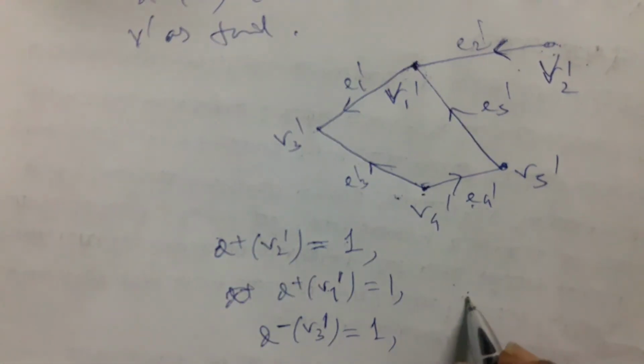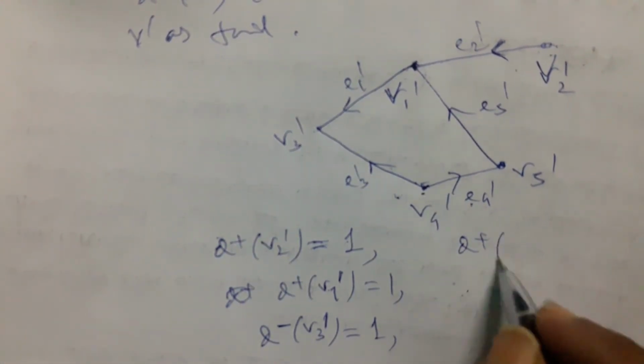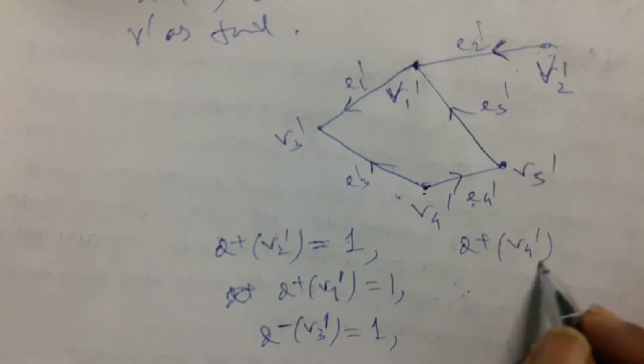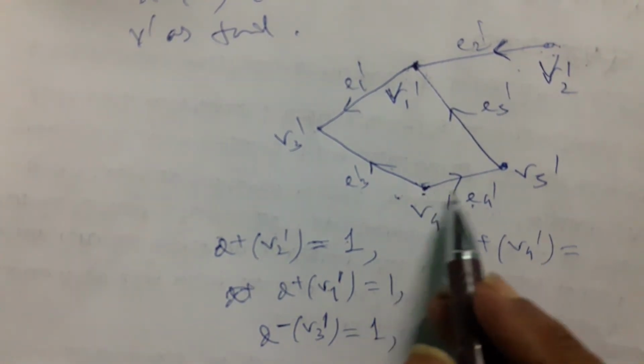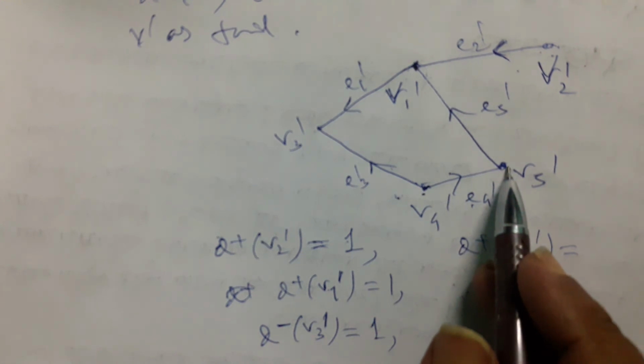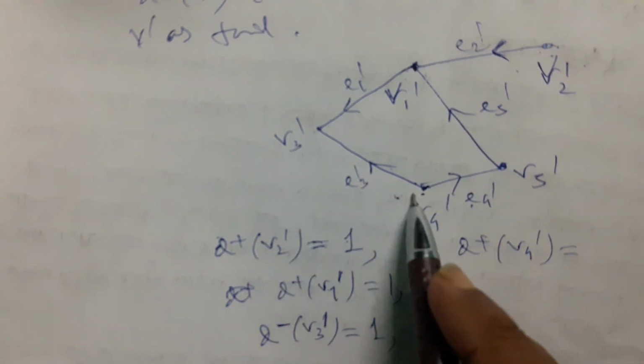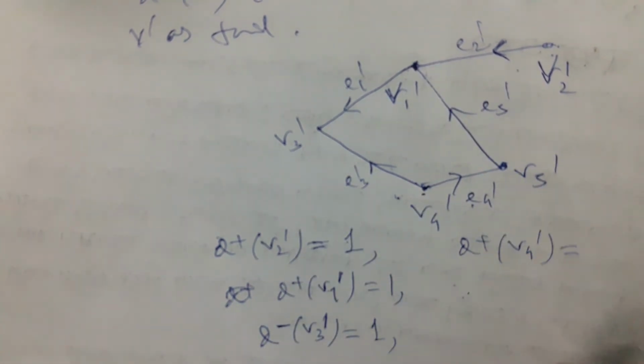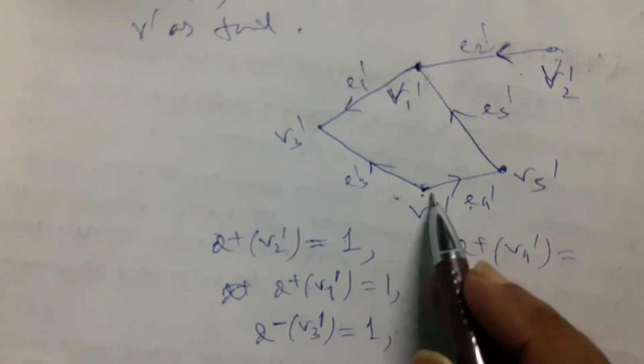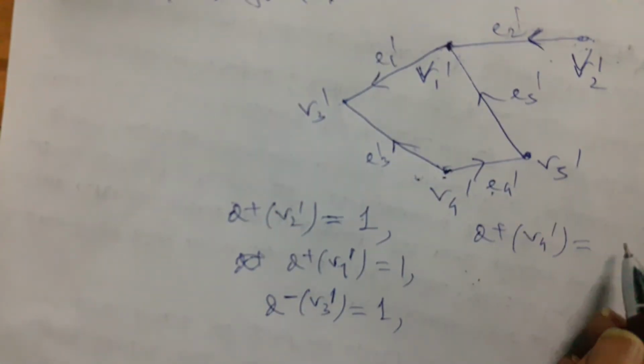And here also d plus of v4 dash, both arcs go from tail to head, that means it is 2.